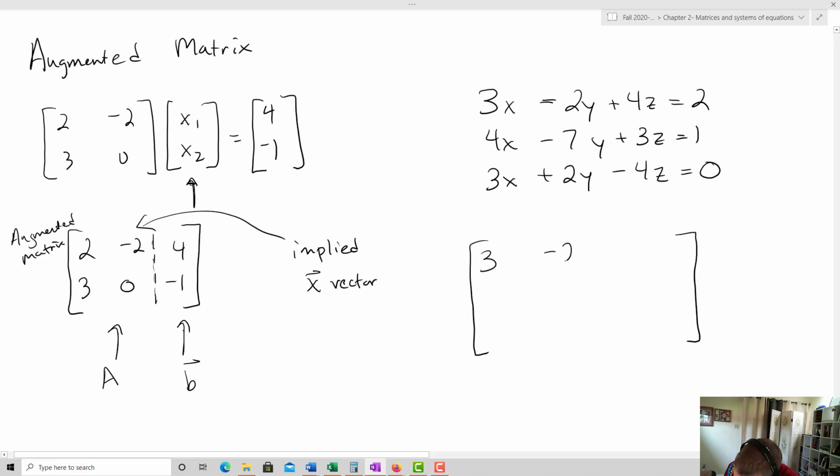I'll get 3, negative 2, 4, and then that little dashed line, 2; 4, negative 7, 3, 1; 3, 2, negative 4, 0. And that ends up being my augmented matrix that's equivalent to the system.